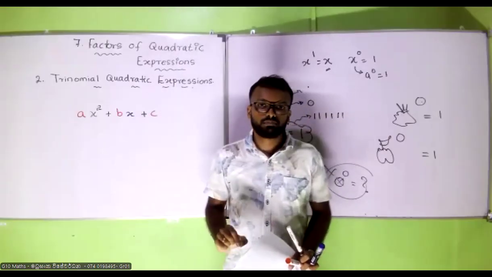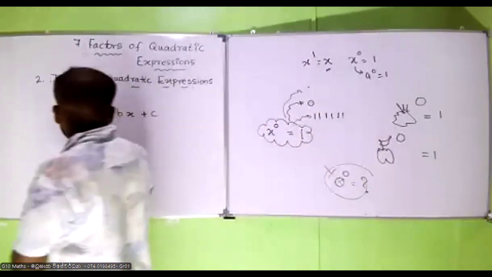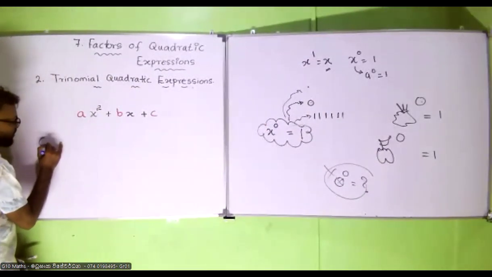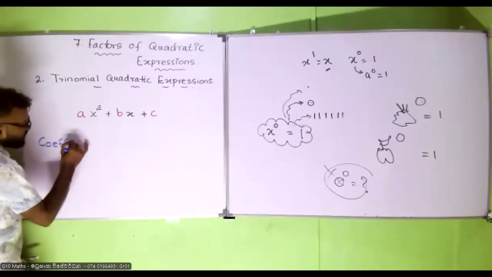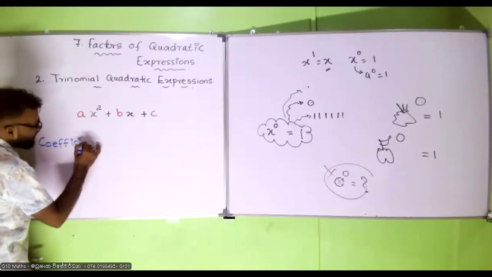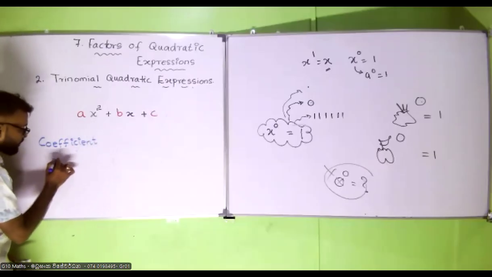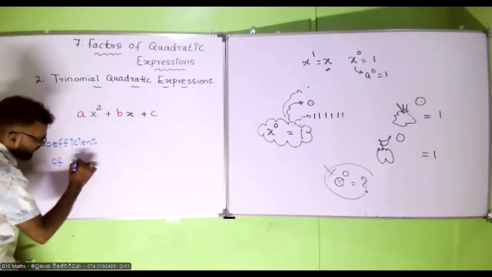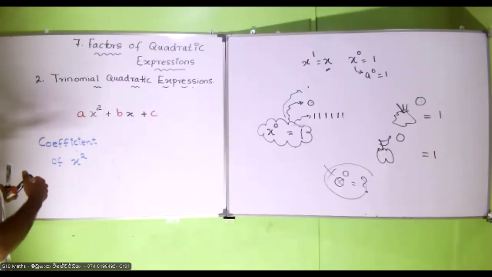So let's label them. This one is called the coefficient of x squared.